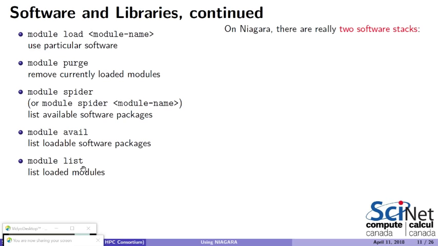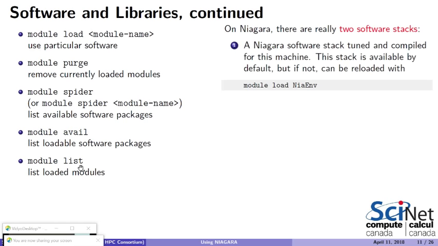So there are actually two software stacks. One is Niagara native, and it's the one that you get by default. If you don't do anything, you're logged in, you don't have any modules loaded except the module that gives you access to the Niagara stack. If for any reason you lose that stack, module load nia and we'll get it back.